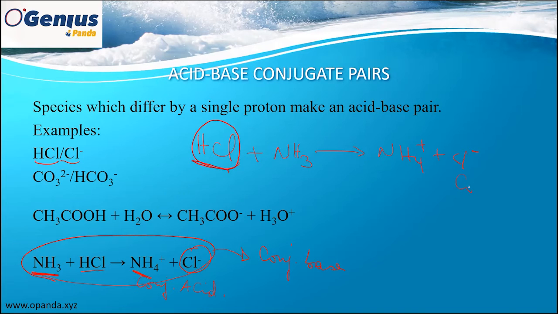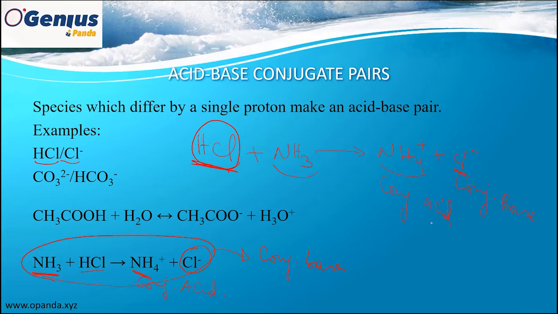When it produces a conjugate base, how will the base be? This base will be a weak base because it is produced from a strong acid. And this conjugate acid, which is produced from a weak base, will be a strong acid.